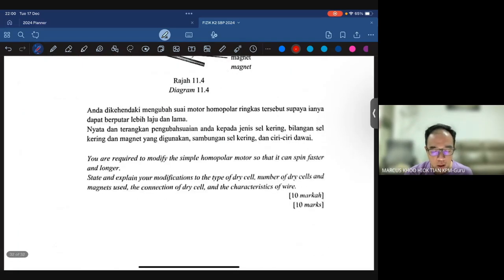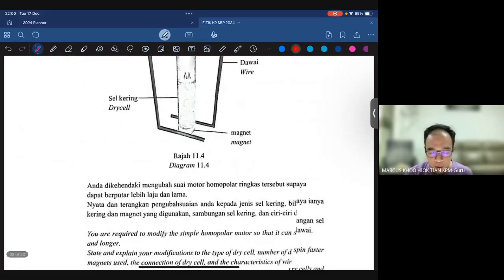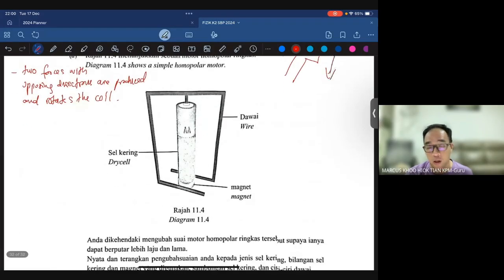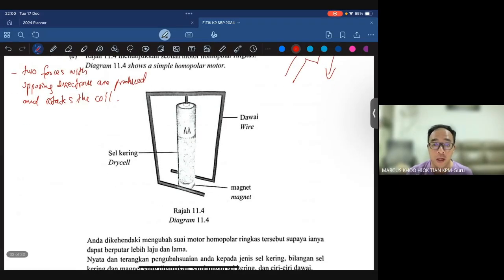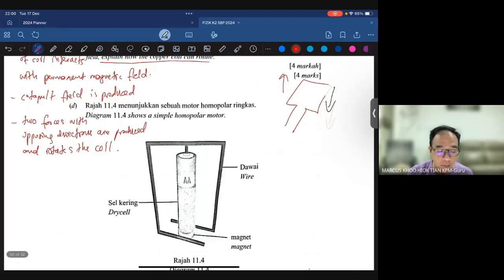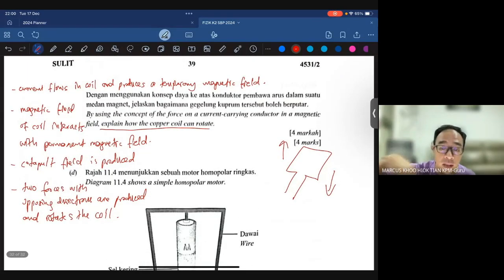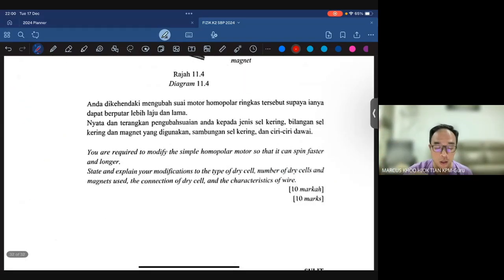You are required to modify the simple homopolar motor so that it can spin faster and longer. That's basically what we want. Spin faster and longer means you want a bigger catapult field, a bigger force, so that it can rotate faster. So you are given how many things?